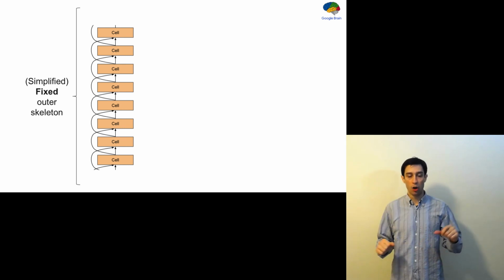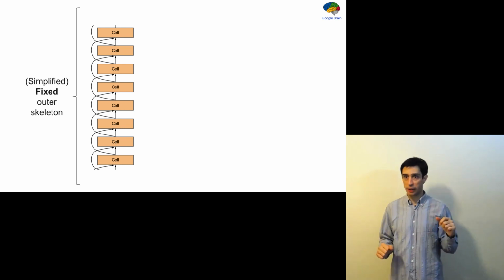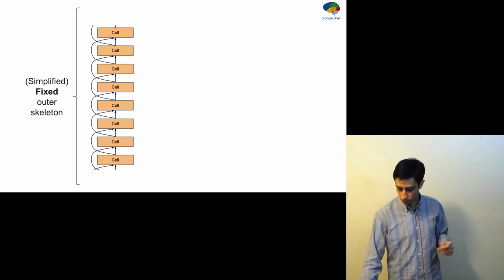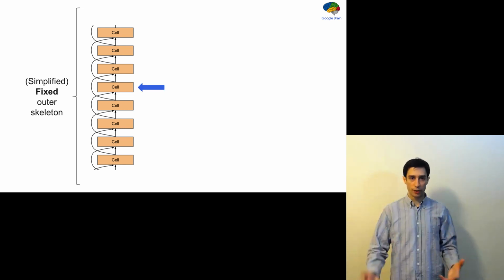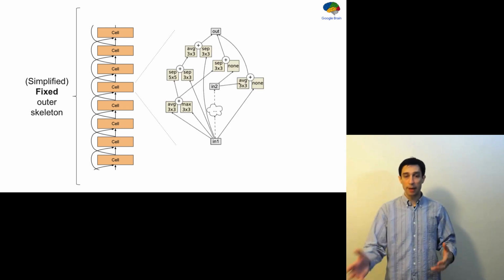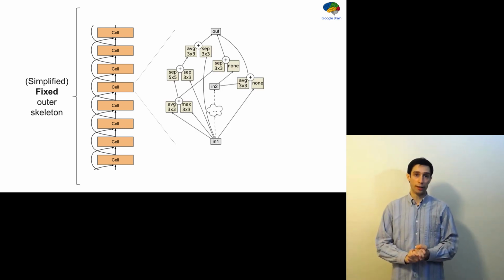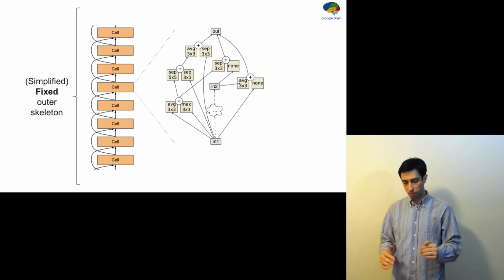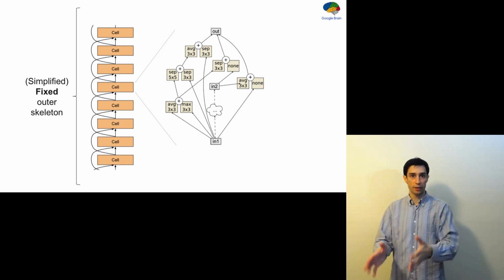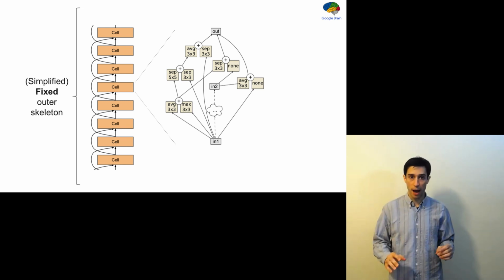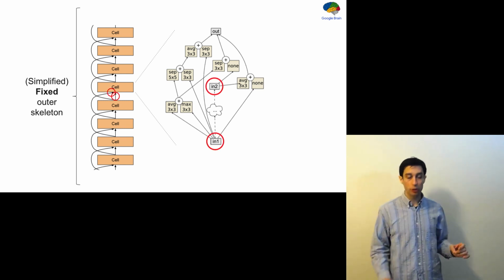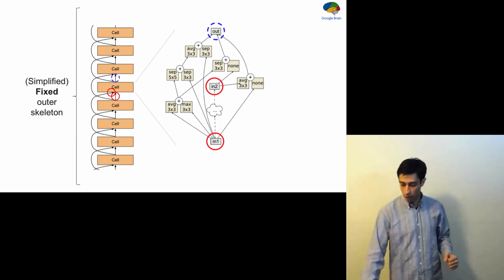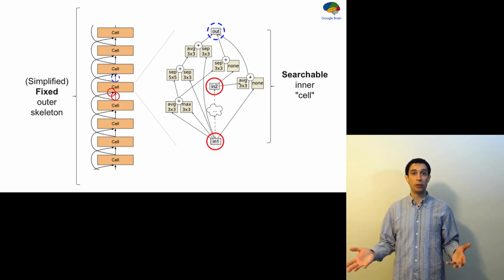Now, remember, all of these cells have the same architecture, but they may have different weights because of the training. So we have to discover the architecture of a cell. For example, an architecture might look like this. And from this graph I'm showing here, it would be pretty hard to parse and see what the structure is. But for now, just note that there are two inputs and one output. And the goal of architecture search is to find out what's in between them.